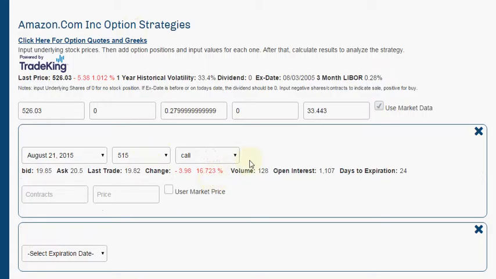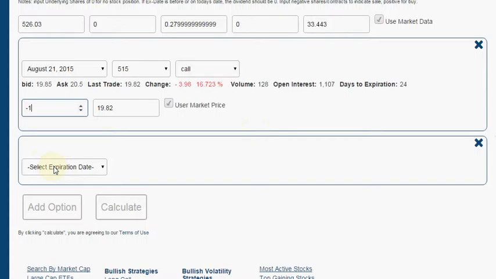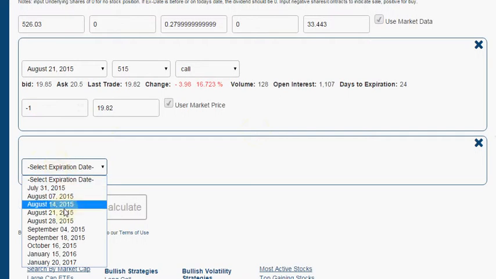And of course, you can also get option quotes at optionstrategies.info. So if you want to compare where the options are trading before you do your analysis, you can do that also at our website. Let's use the market price, and let's sell one call, and then we're buying out of the money calls.